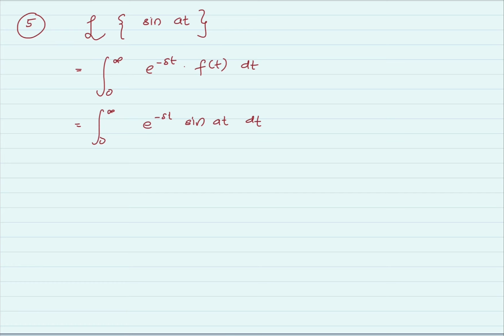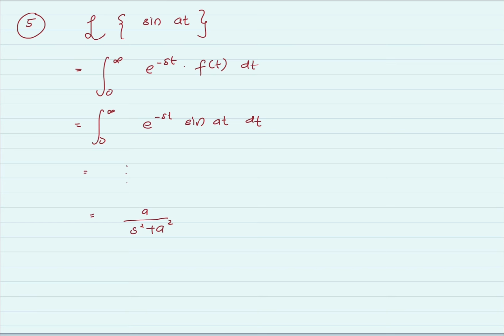For this one we need to use integration by parts, which you already learned in Math 1, so you can solve it by yourself. At the end of the integration, you will obtain a over s squared plus a squared.